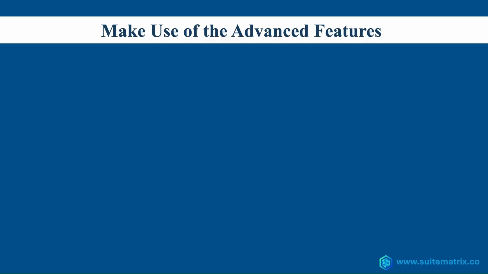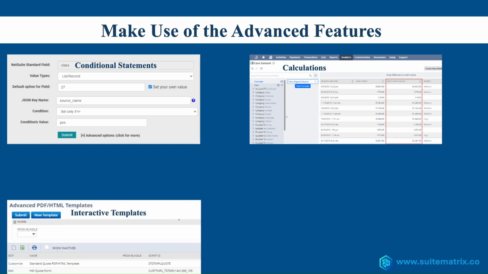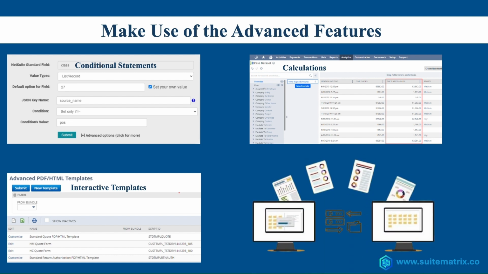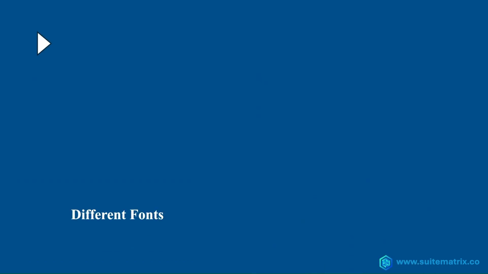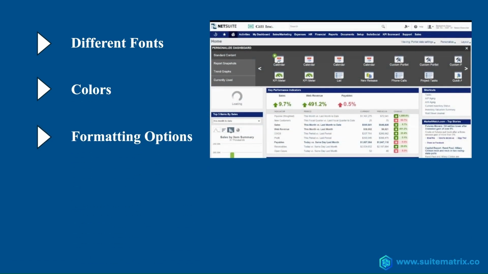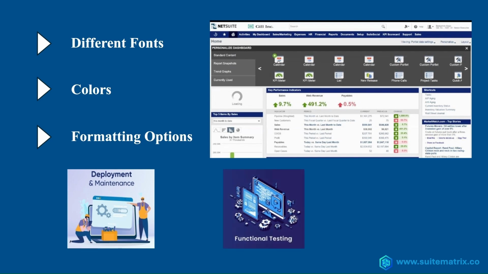Make use of the advanced features like conditional statements, calculations, and loops to create dynamic and interactive templates. You can also integrate data from other sources for a more comprehensive document. Experiment with different fonts, colors, and formatting options to make your templates visually appealing and easy to read. Remember to test the template before deploying it to ensure everything is functioning as intended.